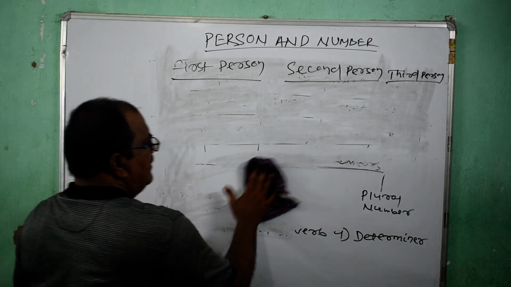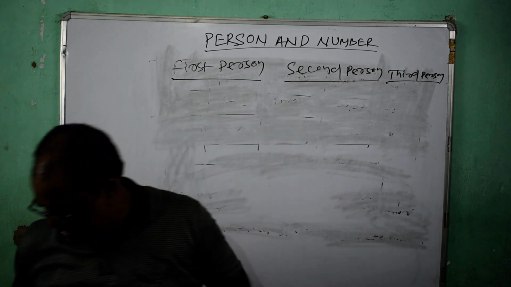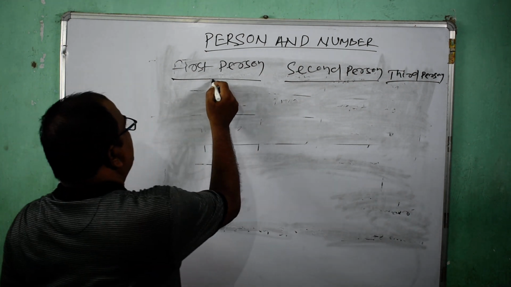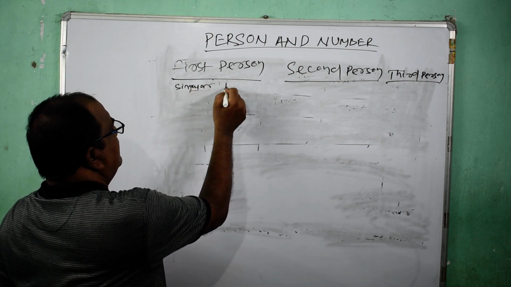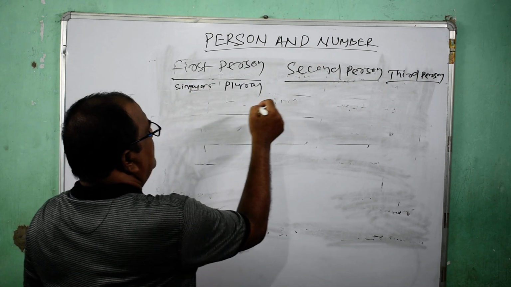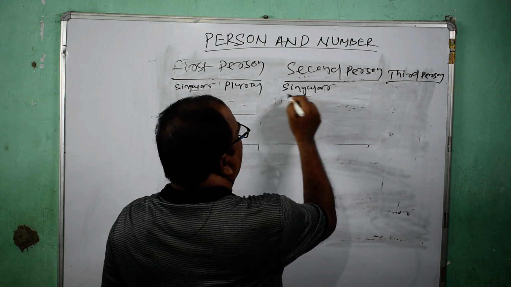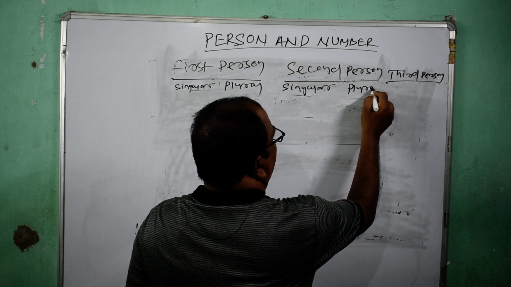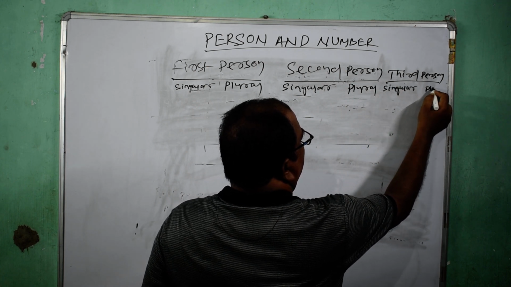They are first person, second person, and third person. Each person has two numbers, singular and plural.